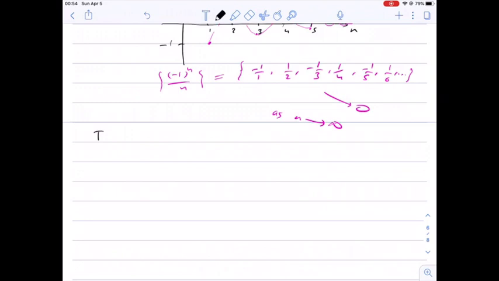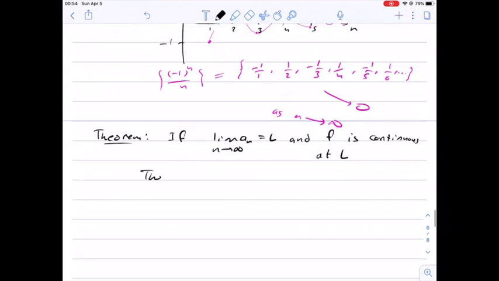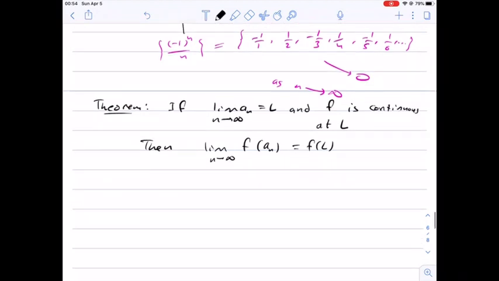Another useful theorem says that if the limit of some convergent sequence is L, and the function f is continuous at L, at this limit, then as a result the limit of f of a sub n as n approaches infinity is equal to f of L, the limit value.